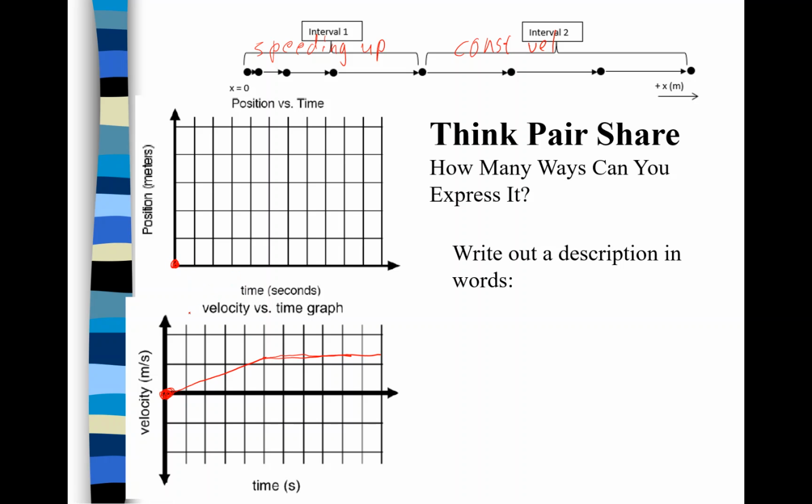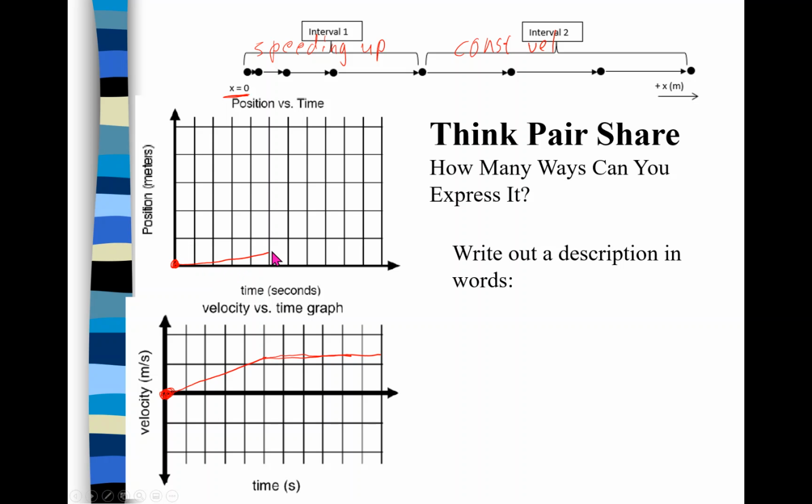Now, I don't know my initial position. I'll just treat it as 0 because that's what we said over here. So the slope here should be positive and increasing. So up to there, okay?